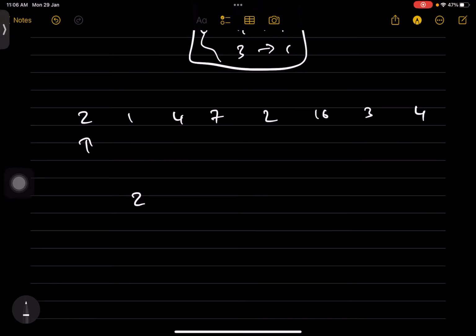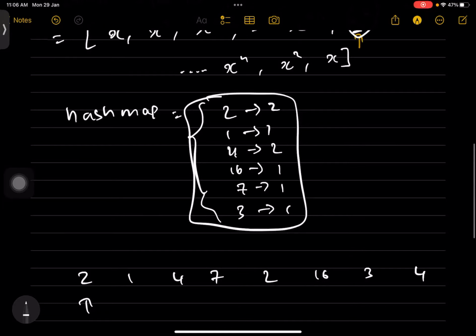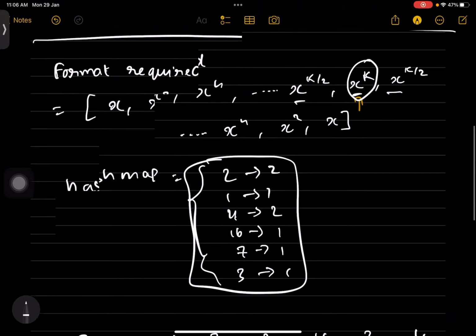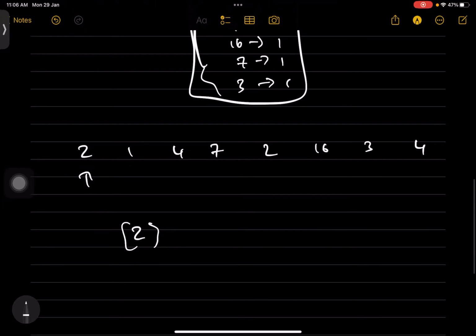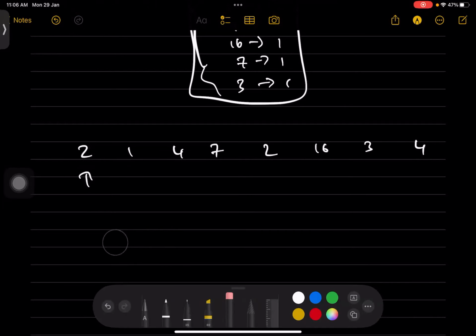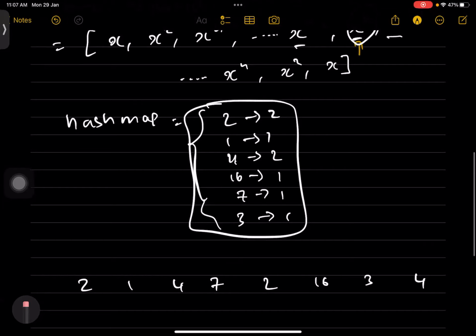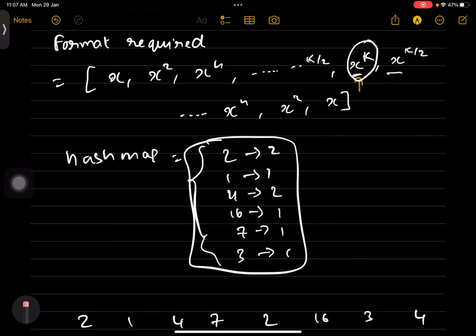Now, if this is x power k, then what will be the values that are beside it? Basically, if you look at the format here, the values beside x power k are basically x power k by 2. So if 2 has to be x power k, the values that need to be beside x power k would be x power k by 2 and x power k by 2, right?